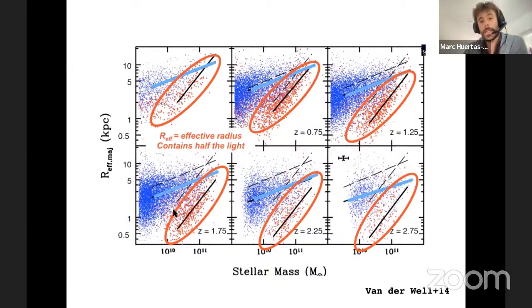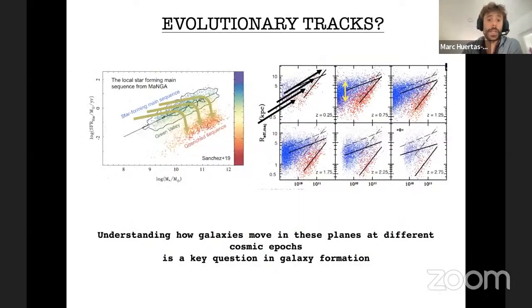And so what we're trying to understand is how this process takes place, and essentially what the tracks of galaxies are, and how galaxies move into these planes at different cosmic epochs. This is one of the key questions, I would say, in galaxy formation: trying to understand how galaxies evolve into these planes that we observe.